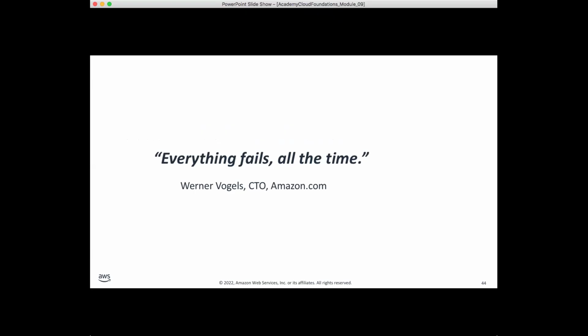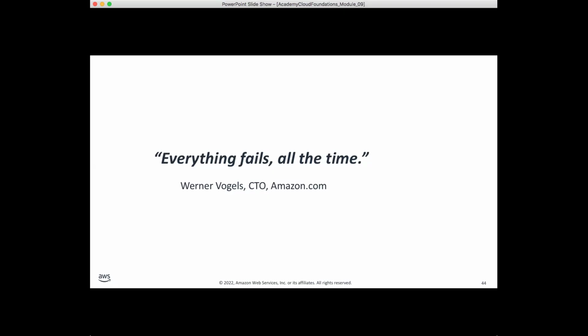So one of the best practices identified within the AWS Well-Architected Framework is to plan for failure: failure of applications, services, components, resources, or workload downtime.